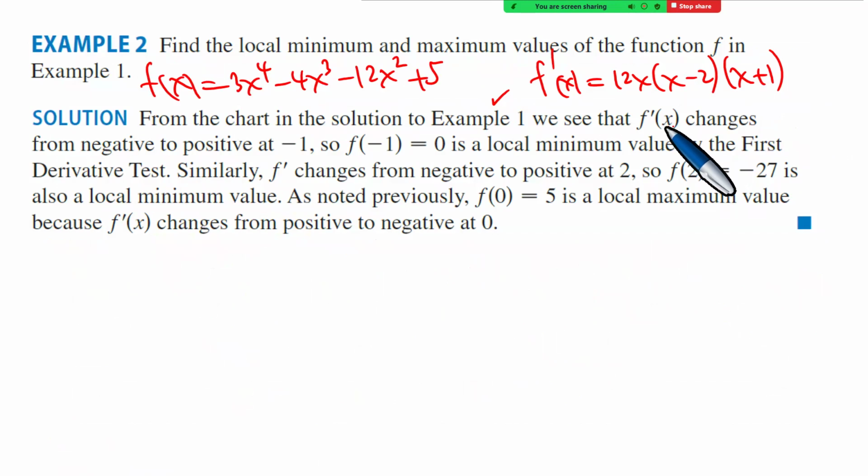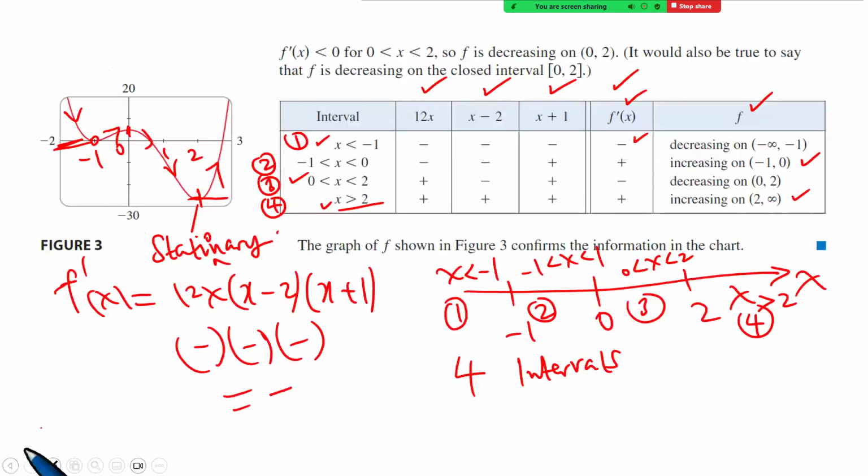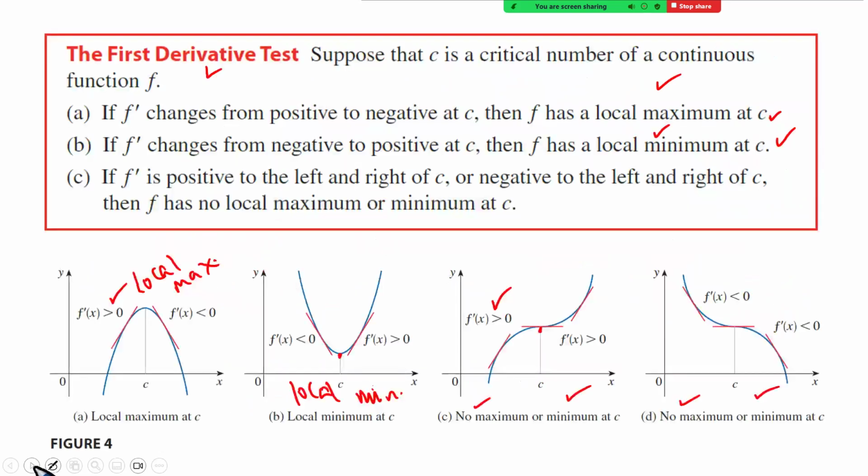We see that f prime of x changes from negative to positive at minus 1. Let's check this one. At minus 1, you can see that it changes from negative slope to positive slope. Negative slope, positive slope, there's a change in the slope.